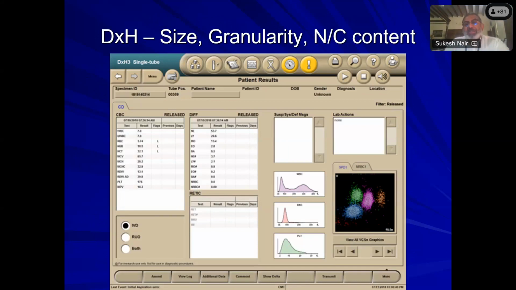Here, if you look at DXH, it's a large population of cells. Here you have granularity or scatter along the x-axis, and size along the y-axis. Cells which are not very large along the y-axis, but also don't have much scatter, are the lymphocytes.